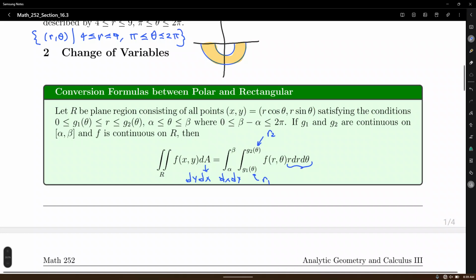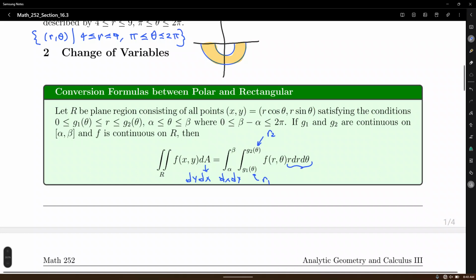The radius may be just numbers, from 4 to 9, from 7 to 23, I don't know. But radii may also vary as a function of an angle. So the inner limits of integration can be numbers that represent radii, or variables in terms of the angle, which is the outermost variable. And the outermost limits of integration have to be numbers that are going to be angles, right?